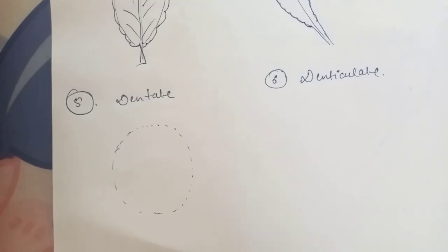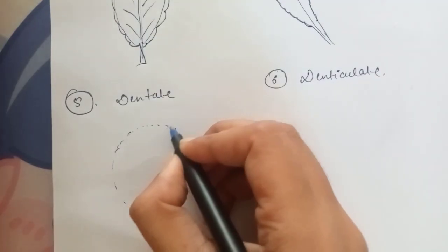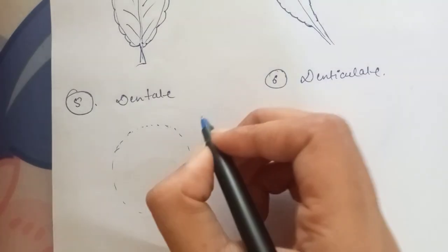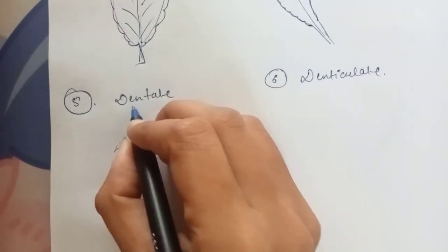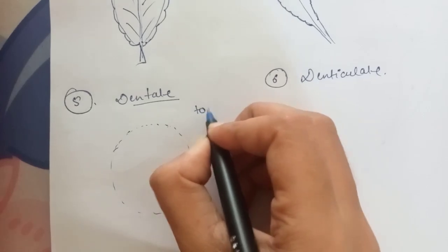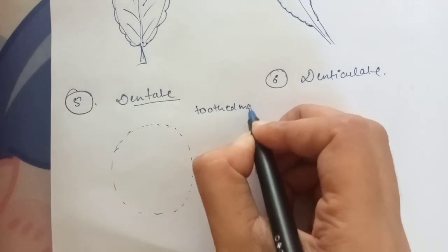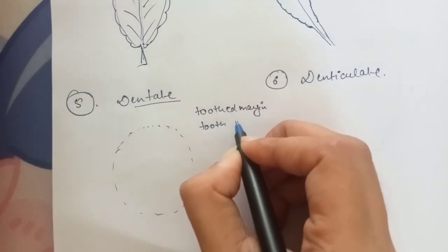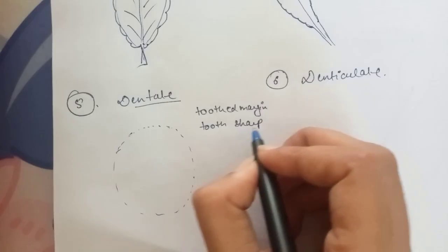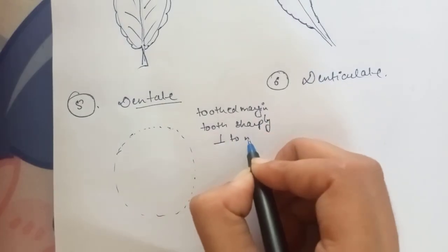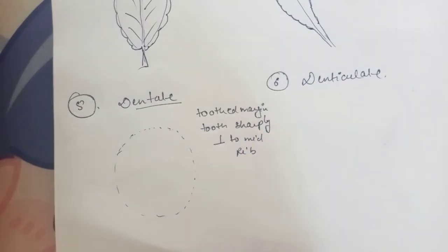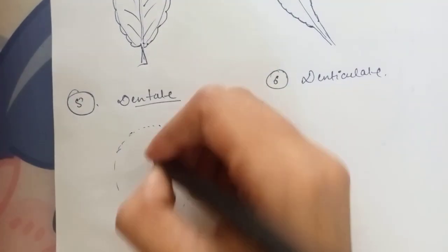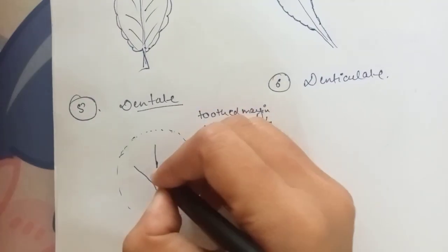Dentate are the dentations; the incisions at the margins are sharply perpendicular to the main rib. Let me write: toothed margin with each tooth sharply perpendicular to midrib. What I mean is, let us say this is the midrib. These are the venations going.